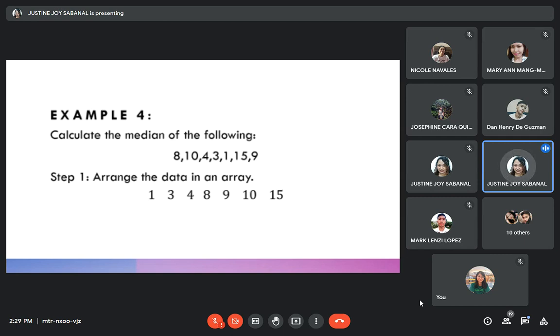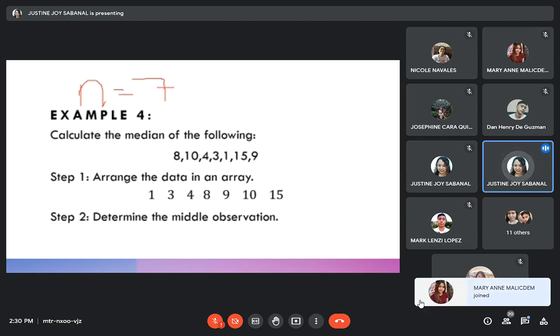After that, determine first the number of data points we are concerned with. So we have n equals, how many data points is this? 1, 2, 3, 4, 5, 6, 7. When it is 7, or any odd number such as 1, 3, 5, 9, 11, 13, 15, 17, these are odd numbers.